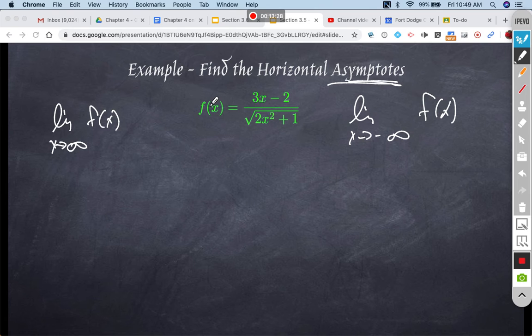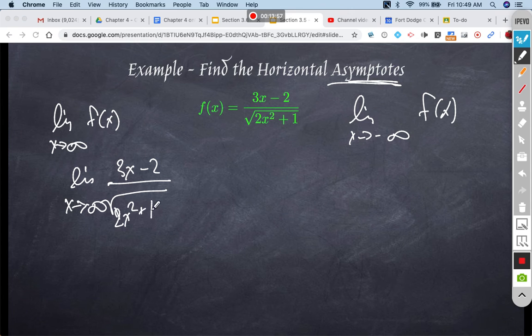In this case, let's take a look. Limit as x approaches infinity of 3x minus 2 over the square root of 2x squared plus 1. The degree here is first degree.